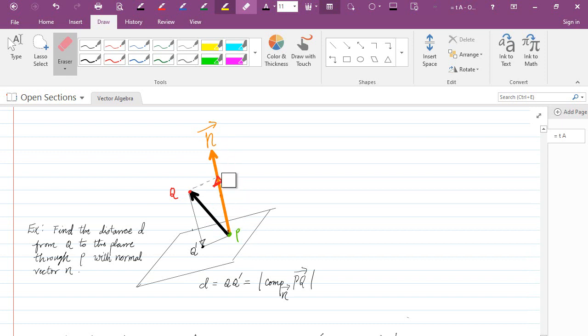Well, clearly the length of this projection vector would be the same as the length QQ prime.